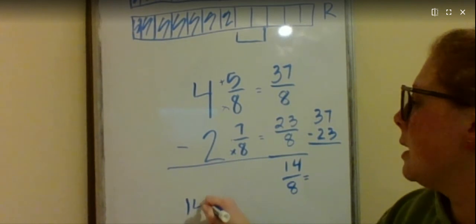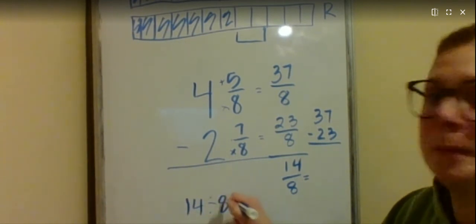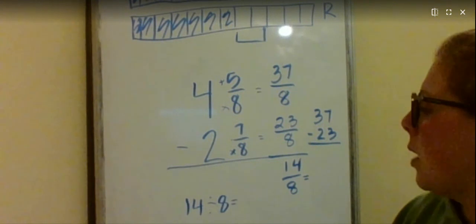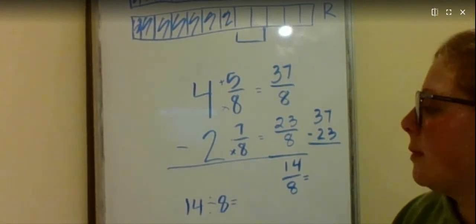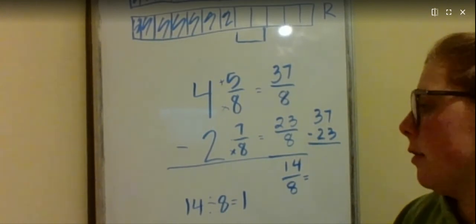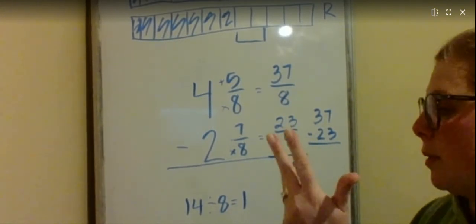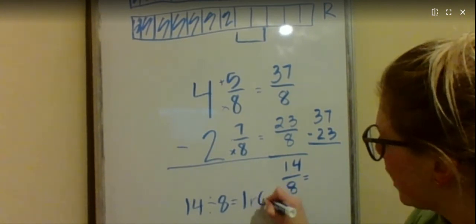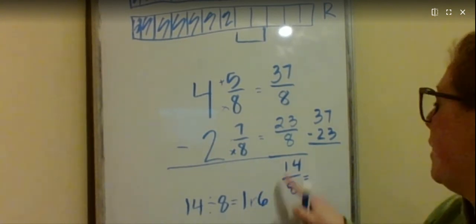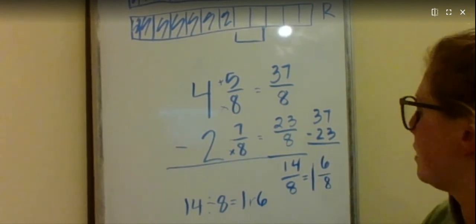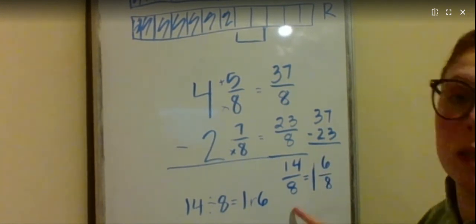So 14 divided by 8: 8 times 1 would be 8, and 8 times 2 is already 16, so it can only be 1. So 8, and then with a remainder of 9, 10, 11, 12, 13, 14, a remainder of 6. So this as a mixed number would be 1 whole and 6/8. Again, I said I'll take either one.